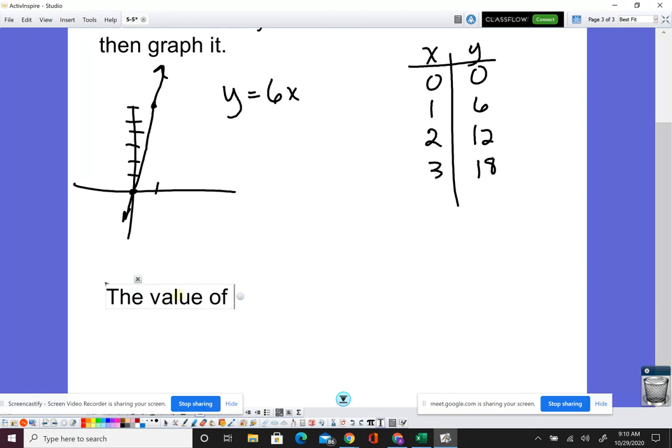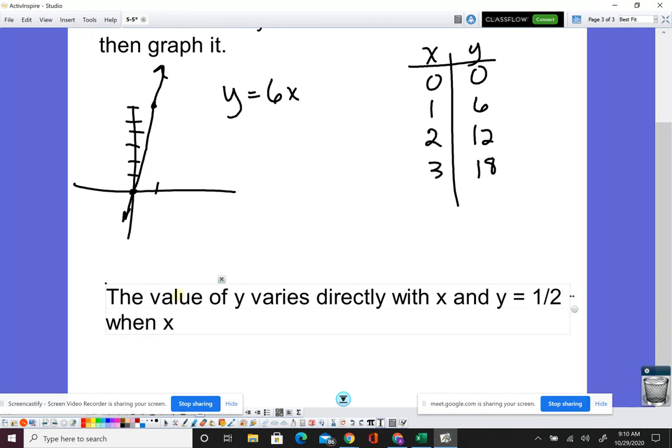The value of y varies directly with x, and y equals 1/2 when x equals 3. Find y when x equals 1.